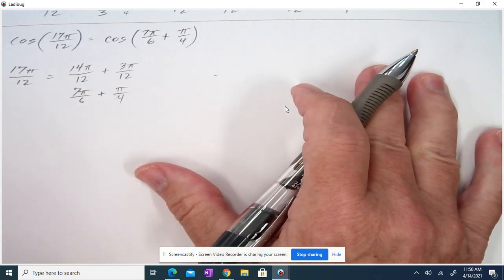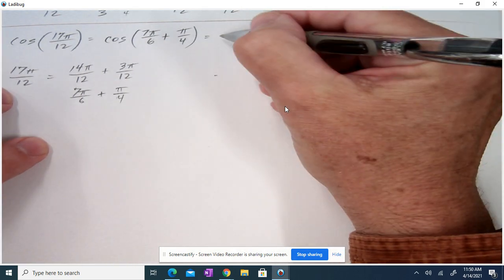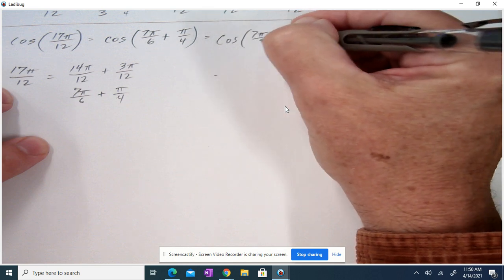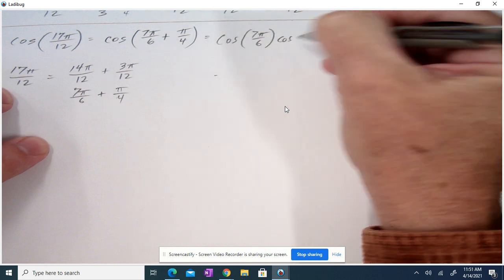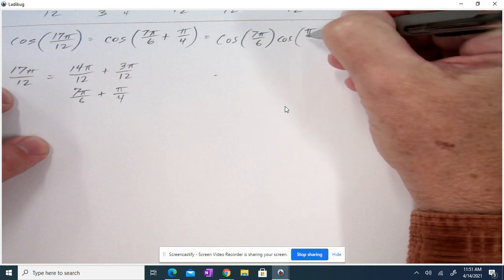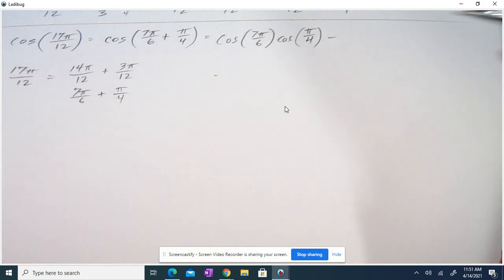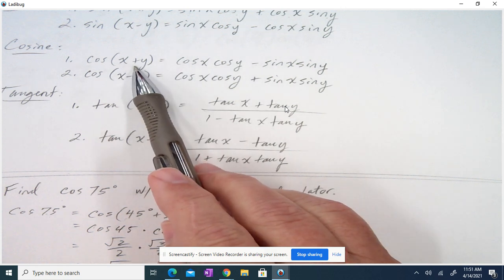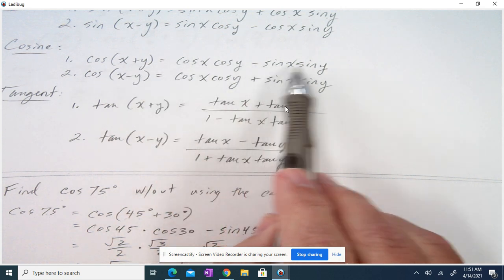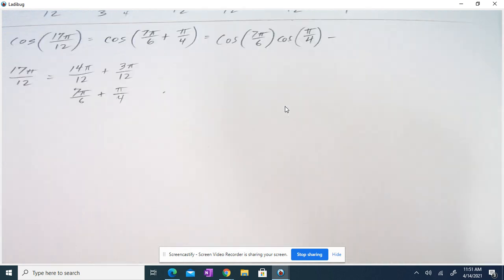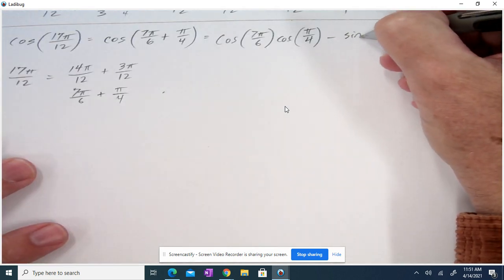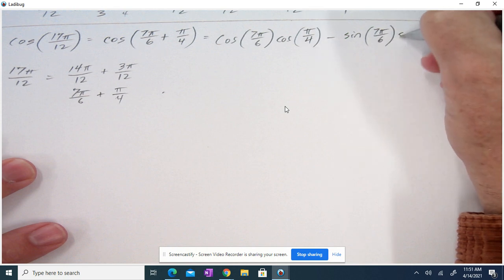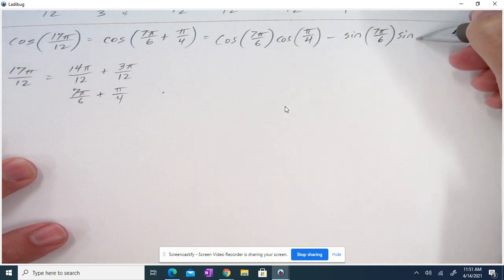Okay, so it's cosine of 7 pi over 6 times the cosine of pi over 4. And I believe that was minus, yeah, so when you're adding the sum of two angles, it is a difference in the sine of each angle. So sine of 7 pi over 6 times the sine of pi over 4.